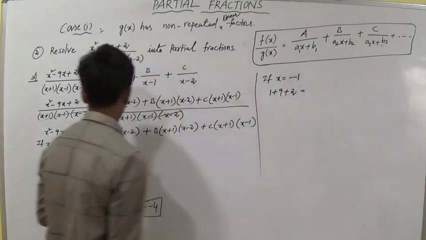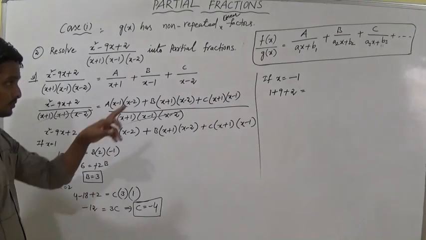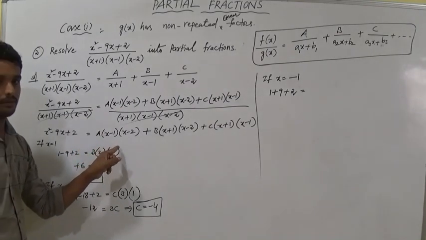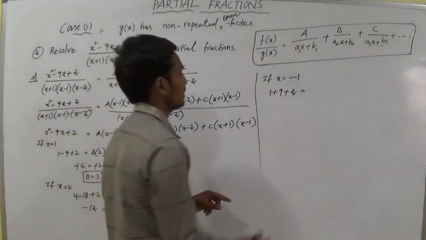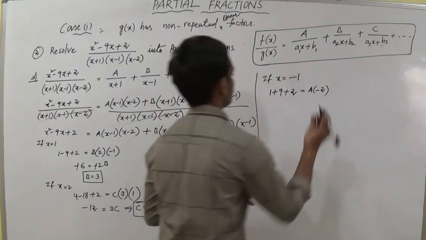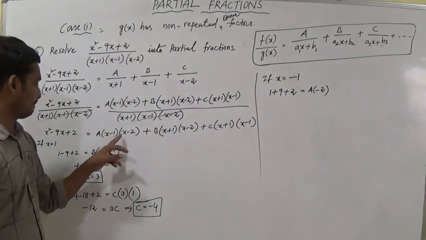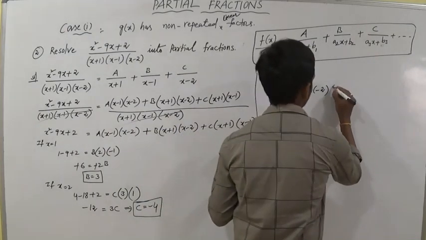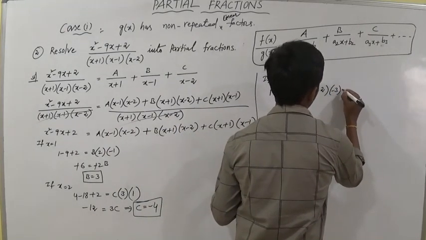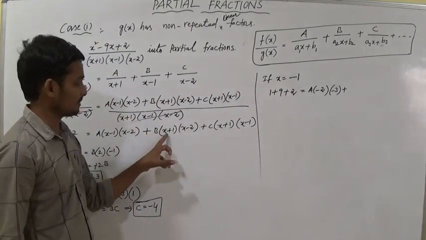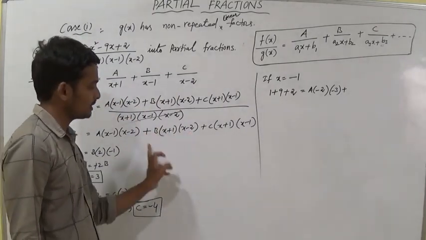On the right side, substitute minus 1: A into minus 1 minus 1 is minus 2, and minus 1 minus 2 is minus 3, so A into minus 2 into minus 3. For the B term, minus 1 plus 1 is 0, so B is 0.